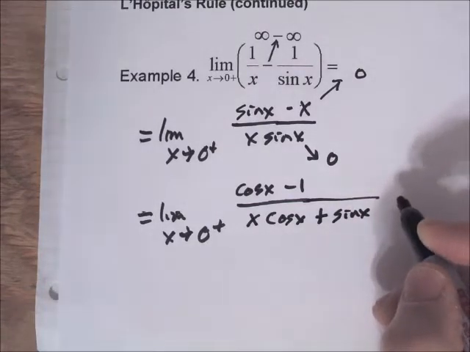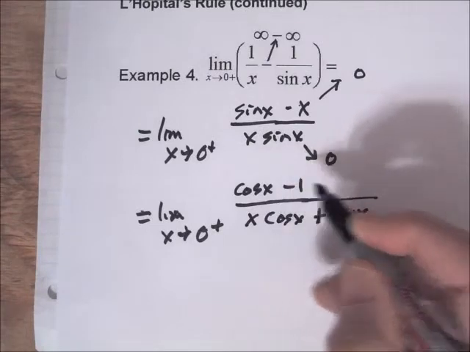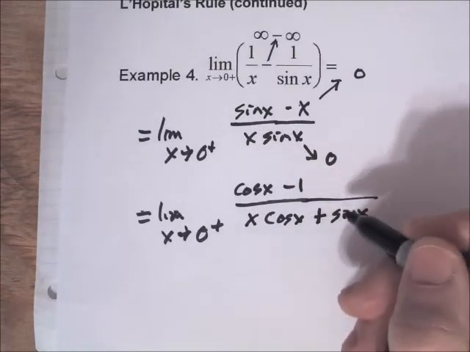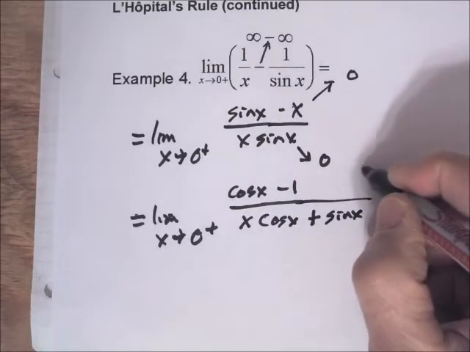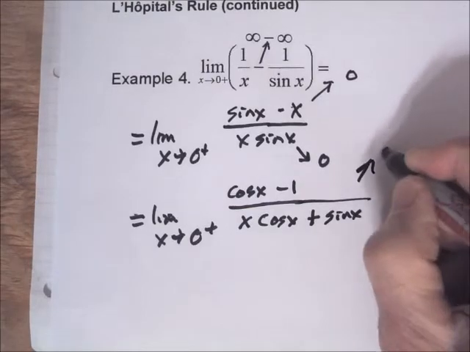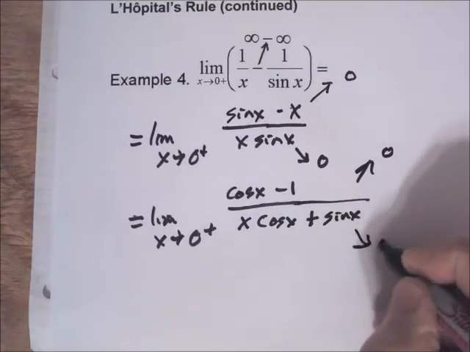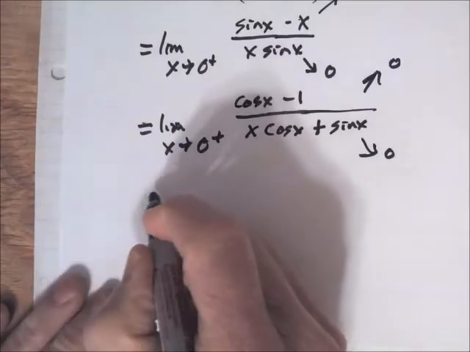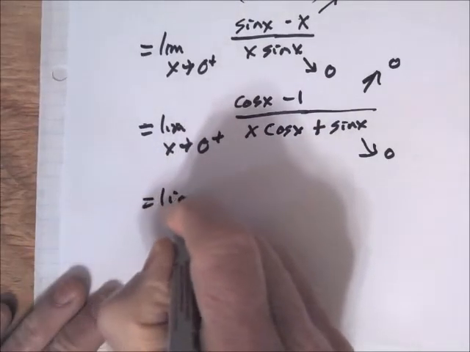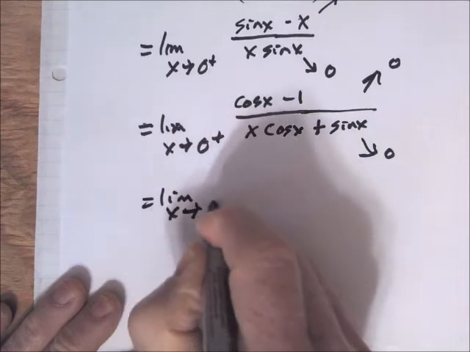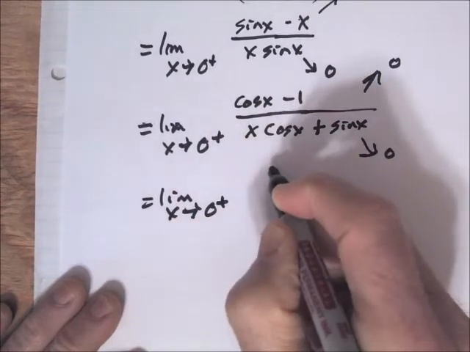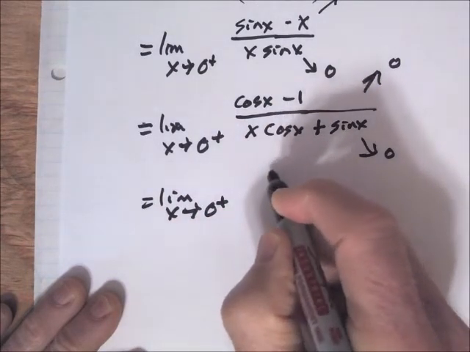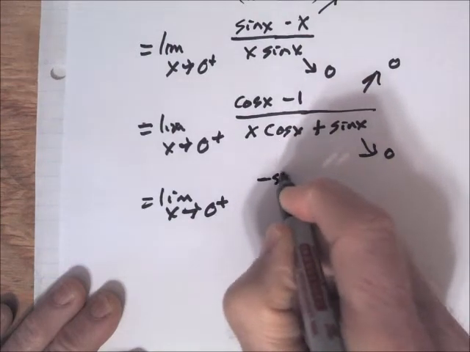Okay, so what happens now? The numerator goes to 0, and the denominator also goes to 0. It's still indeterminate of the form 0 over 0. Okay, so let's apply L'Hopital's again. Limit as x goes to 0 from the plus side, and the derivative of the cosine is minus the sine of x.